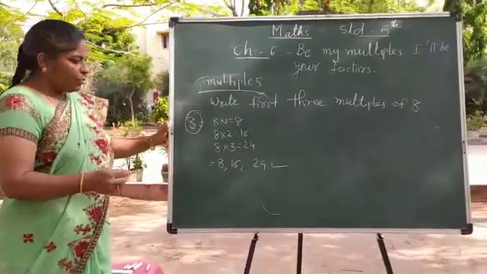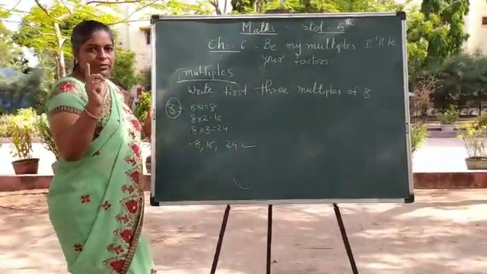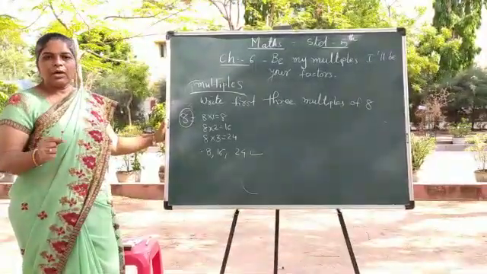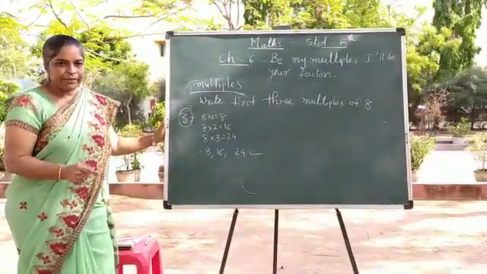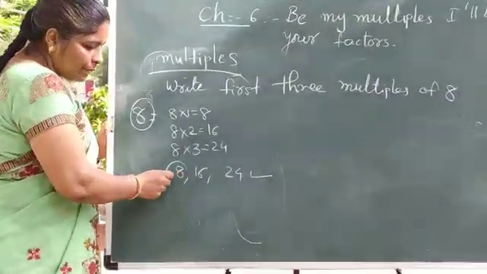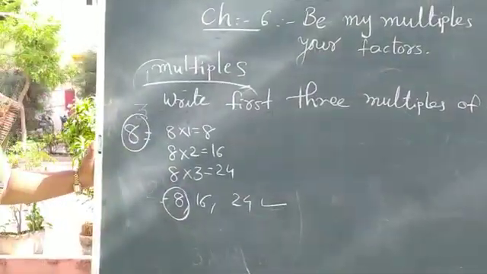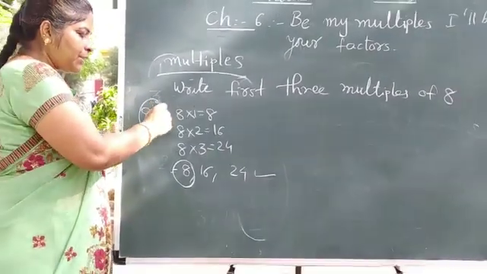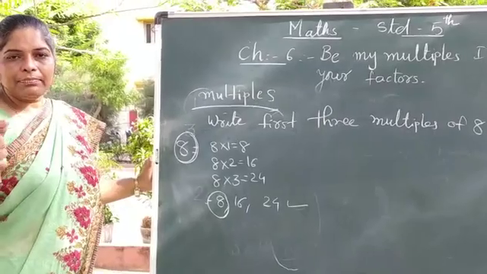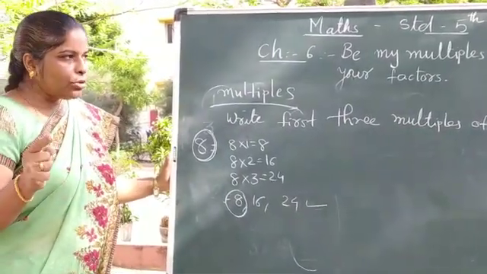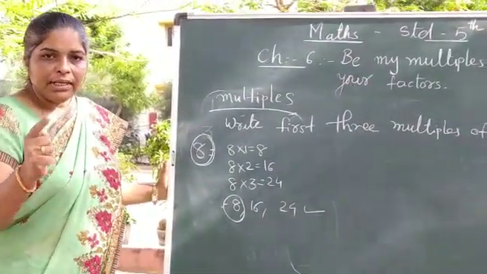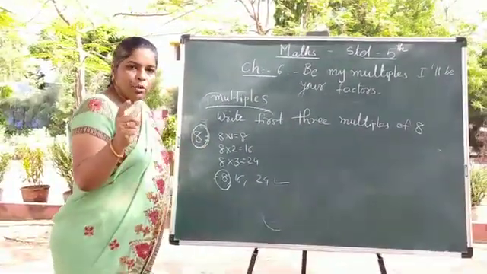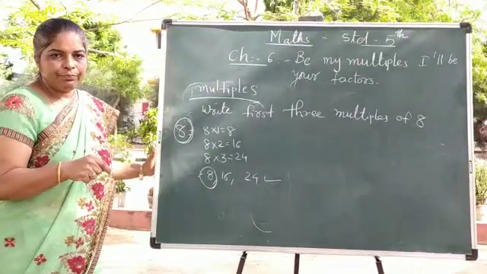Now here you can see, in factors the smallest factor is 1. 1 is the smallest factor of all numbers. Here the number itself is the smallest multiple of all numbers, and numbers will not have a greatest multiple. As I told you, in factors the greatest factor is the number itself. But in multiples, the smallest multiple is the number itself.